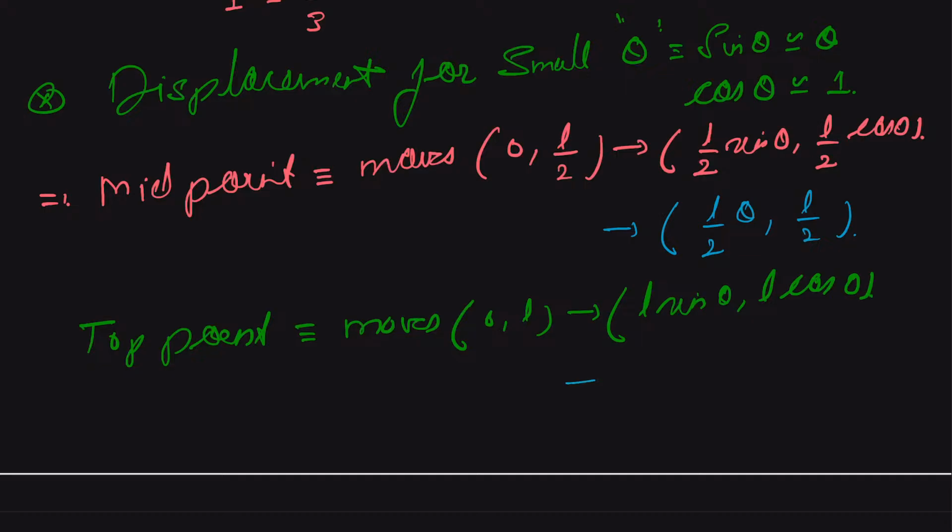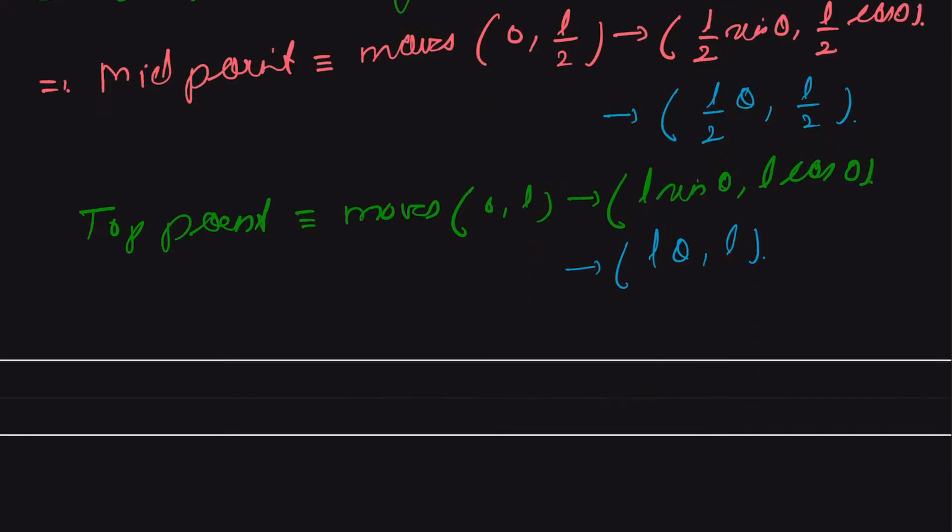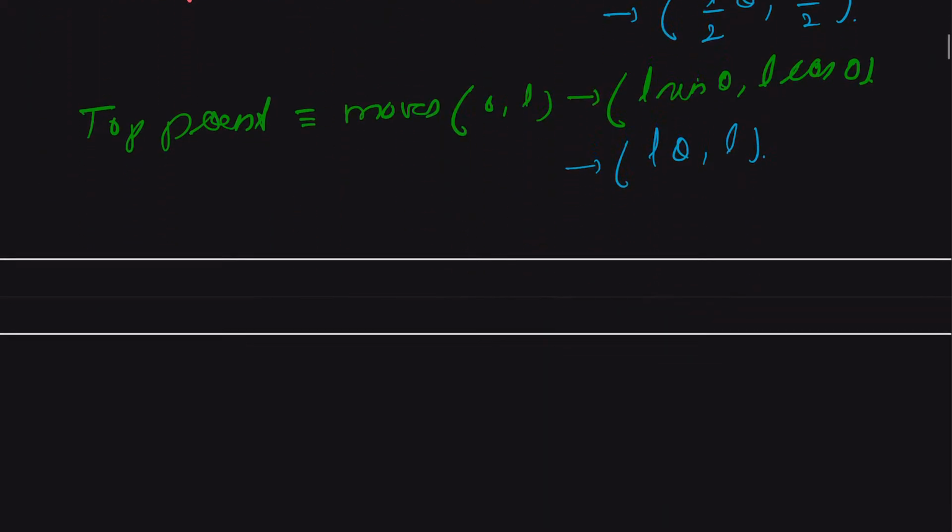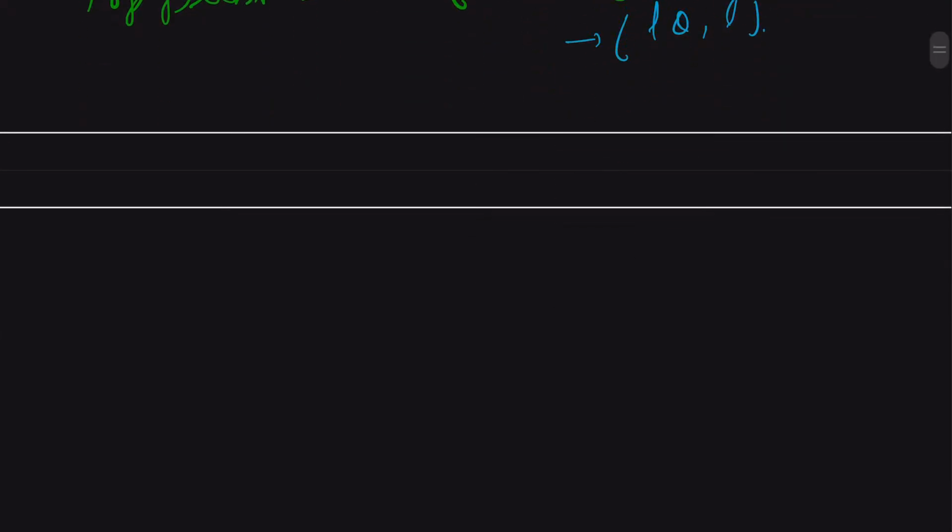Once again, with the help of approximation, we get L theta and L. And similarly, we can find out the movement of our center of mass.